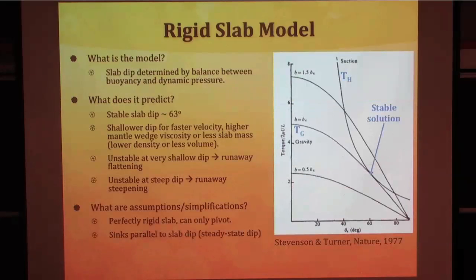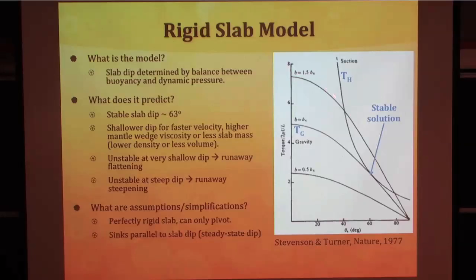Okay, and at the time they did this graphically in this Nature paper. This is normalized torque versus angle of the slab, going from small angles to large angles. This curve here is the prediction for the hydrodynamic torque for a given velocity and a given viscosity.